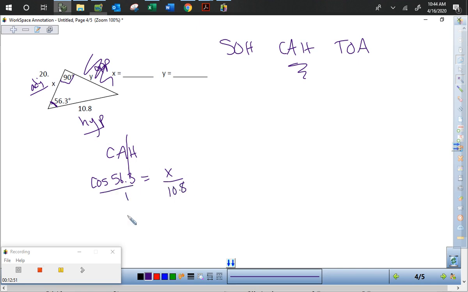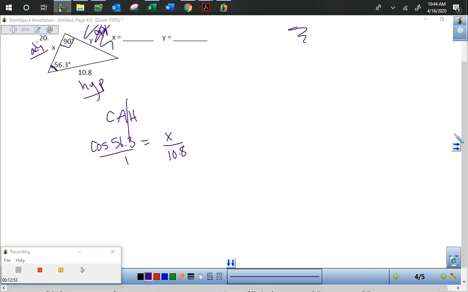Again, we can call that over 1 and cross multiply. This says 10.8 times cosine of 56.3 equals, remember I always put that number in front even though it didn't come first. Makes our life a little easier to type it in. And then 1 times x is x.